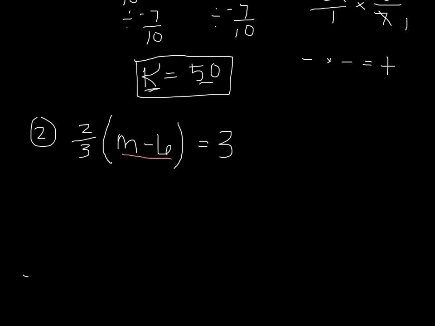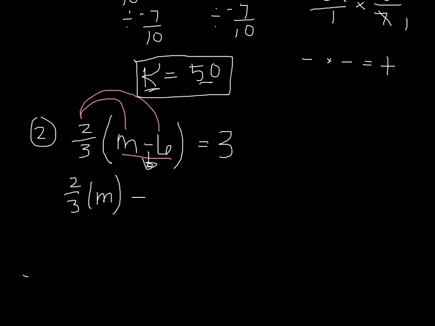So I have to distribute my 2/3 to my m. So I'm going to do 2/3 times m. Bring down whatever sign is there. Then I'm going to take my 2/3 and distribute it to the 6.